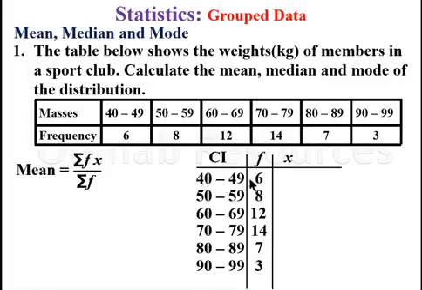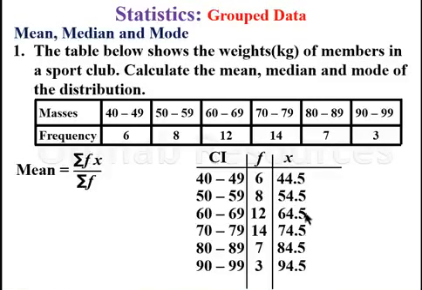So we have 40 plus 49 giving us 89. 89 divided by 2 gives 44.5, and 50 plus 59 divided by 2 gives 54.5. 60 plus 69 divided by 2 gives 64.5. 70 plus 79 divided by 2 gives 74.5. 80 plus 89 divided by 2 gives 84.5, and finally 90 plus 99 divided by 2 gives 94.5. So we now have the column for x.